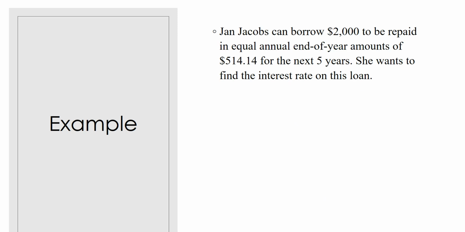Jan can borrow $2,000 to be repaid in equal annual end-of-year amounts of $514.14 for 5 years. She wants to find the interest rate on this loan. So she can borrow $2,000 today. That's positive because that is money that she is receiving.